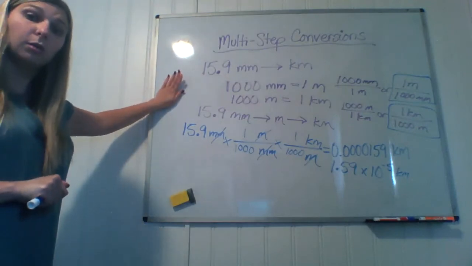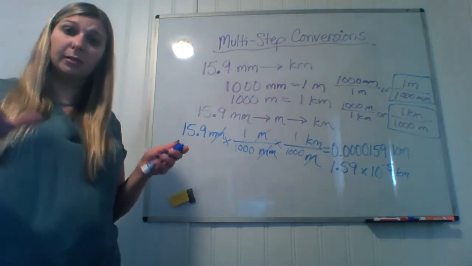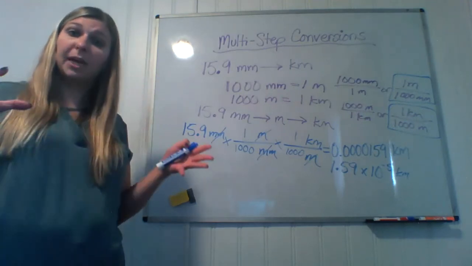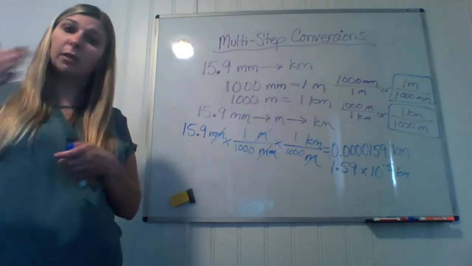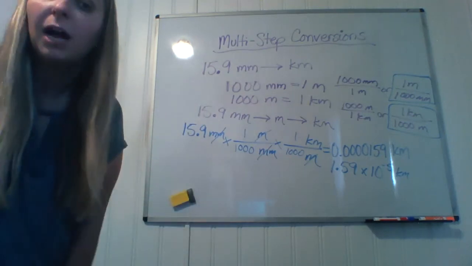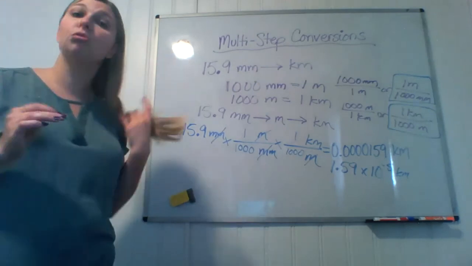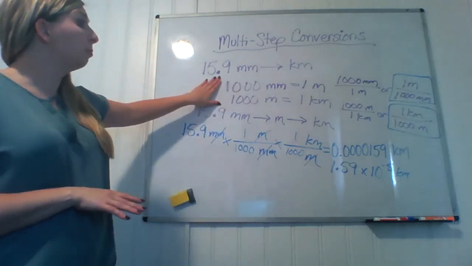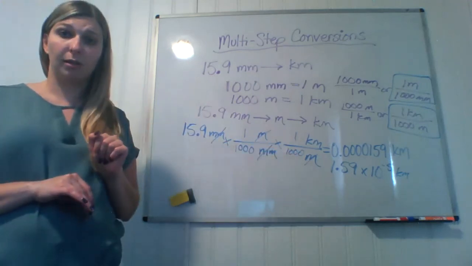Of course we know that in the metric system, everything is based on powers of 10. Each one of the prefixes has some form of power of 10 that separates them. But I still want you to apply what we've learned about the prefixes to set up using dimensional analysis.